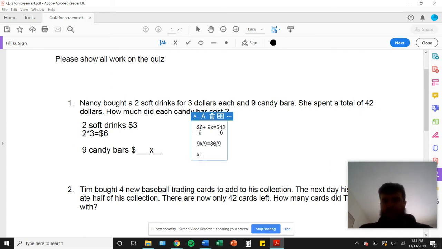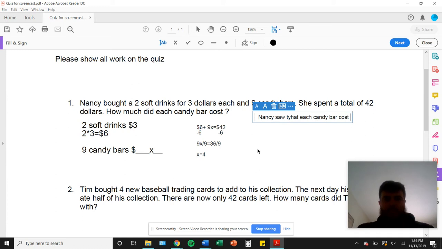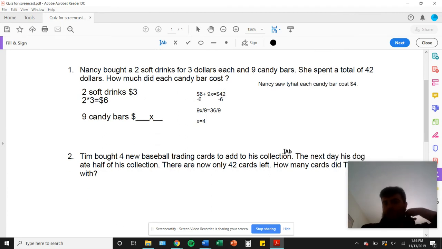So x equals 36 divided by 9, which is 4. And then what I was looking for was for you to put it in a sentence: Nancy found that each candy bar cost $4. So that's how you should have done question 1.